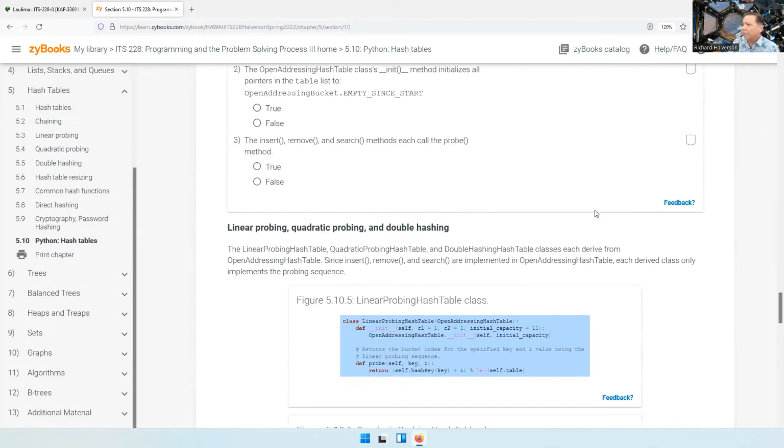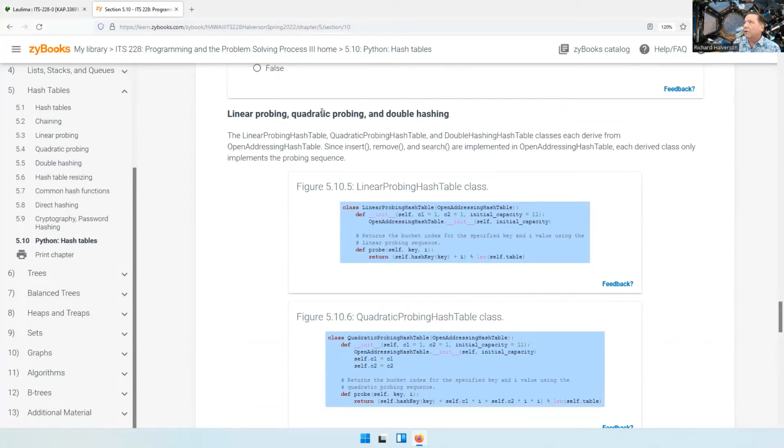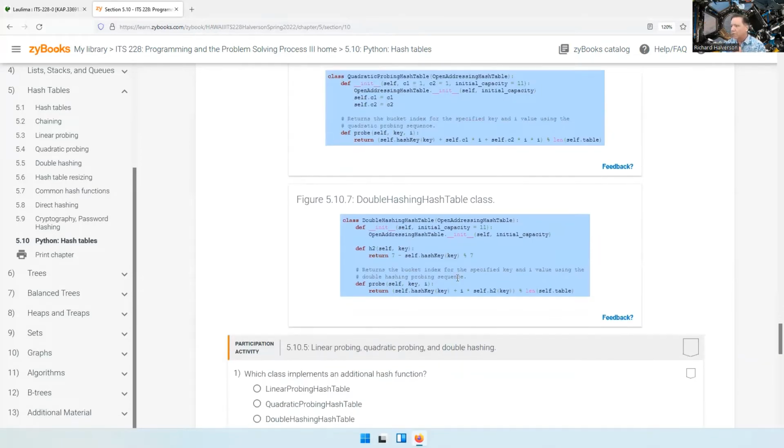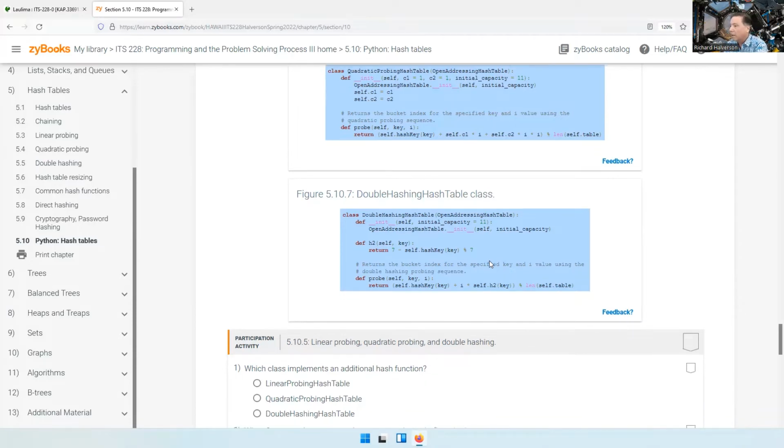Okay, so we have linear probing, quadratic probing, and double hashing. These are three different ways of handling collisions. Linear probing is just going and looking at the next one, searching from where the collision occurred, going step by step, looking to see the next closest one that's open.